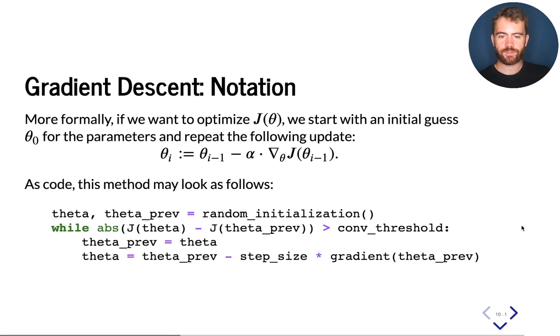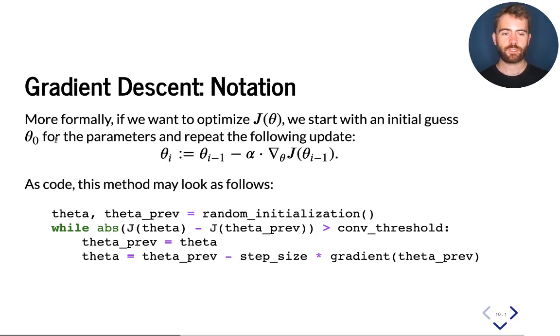But before I give an example, let's define gradient descent a little bit more formally. Using mathematical notation, gradient descent is essentially applying the following rule many times for some number of iterations, indexed here by the variable i.